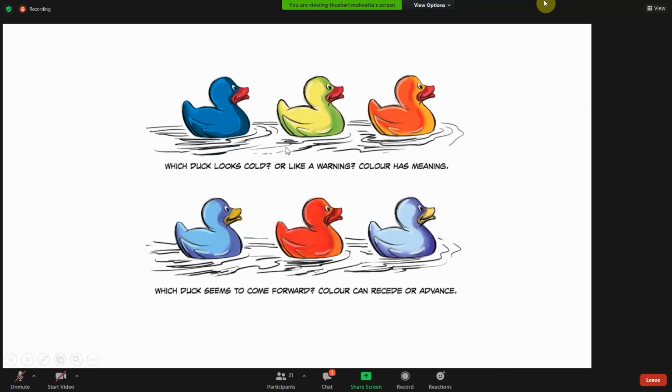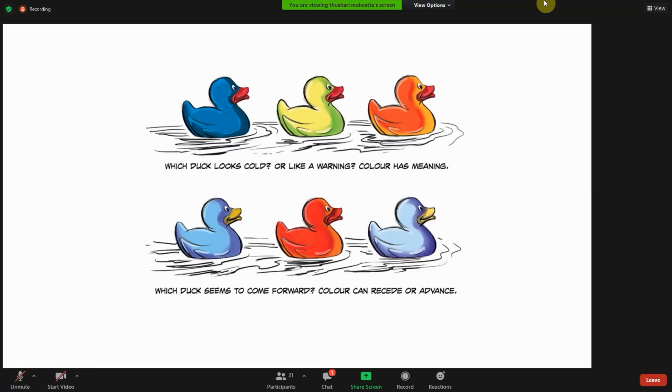And if you are using this in an option, for example, in a fuel tank, if these ducks are buttons, so this means full, half, and empty.